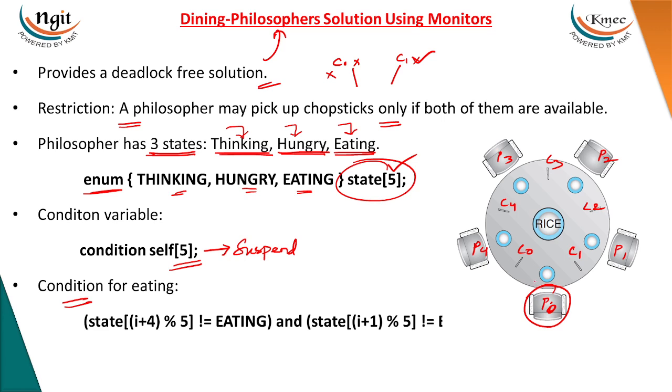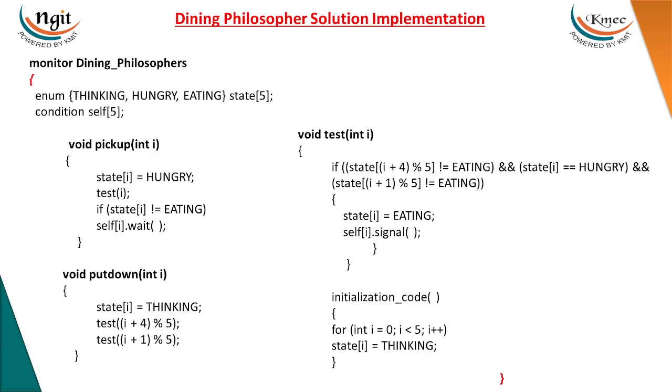When P0 wants to eat, he needs to check that P4 is not eating as well as P1 is not eating. If P4 is not eating and P1 is not eating, then both the chopsticks are available. So that is the condition for P0. We need to check the state of P4 and also the state of P1, and he has to be hungry.